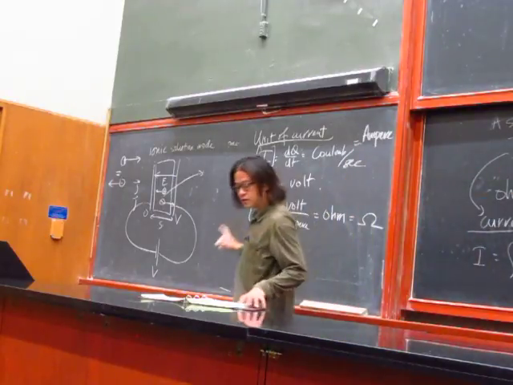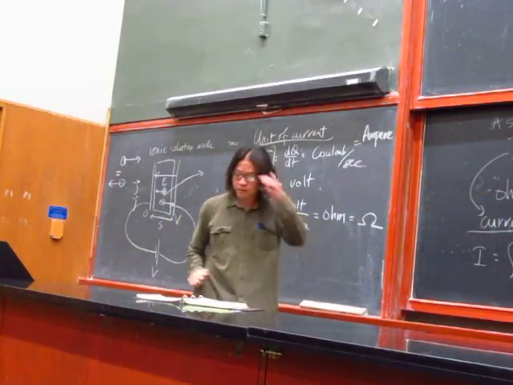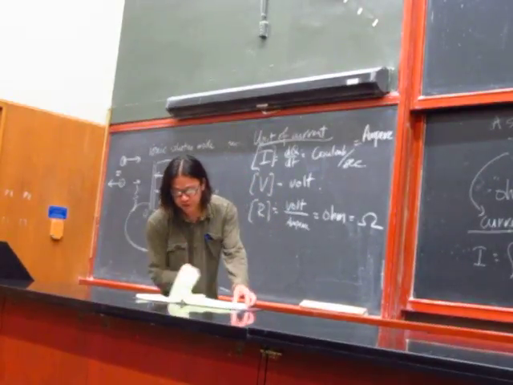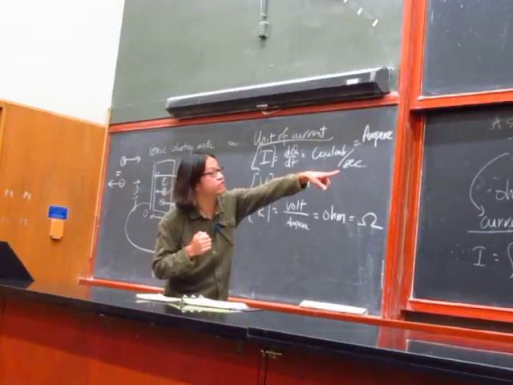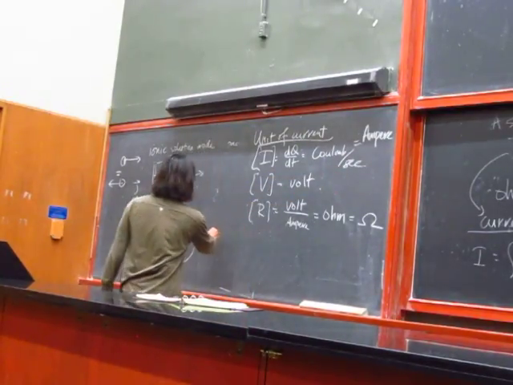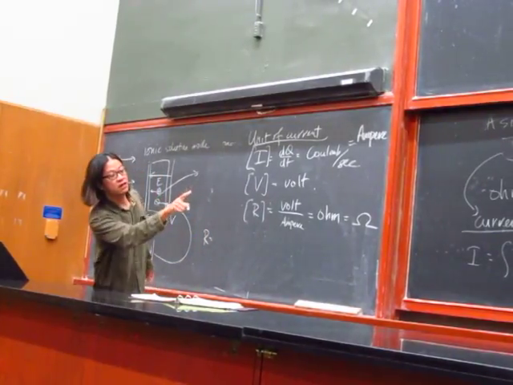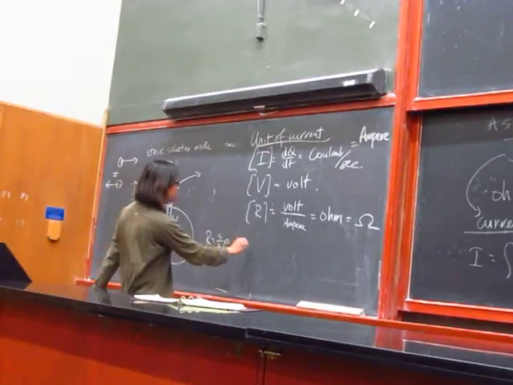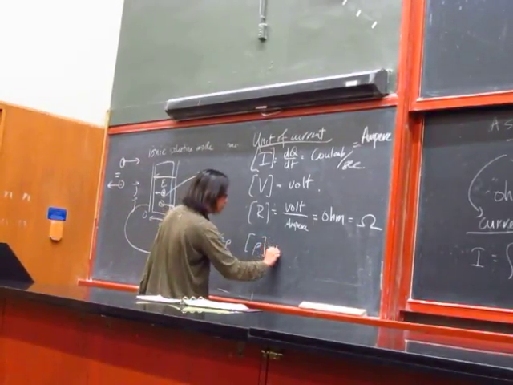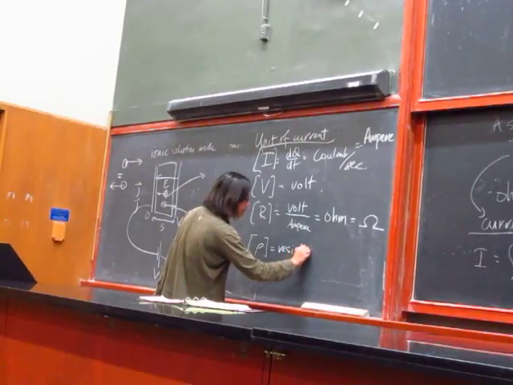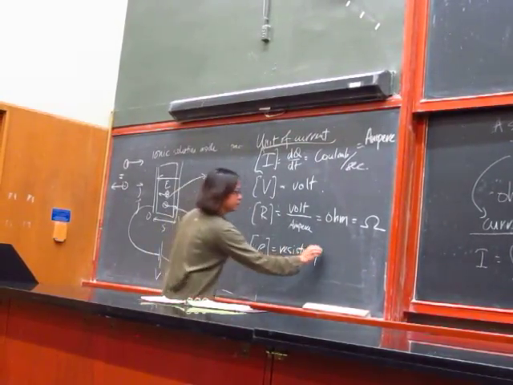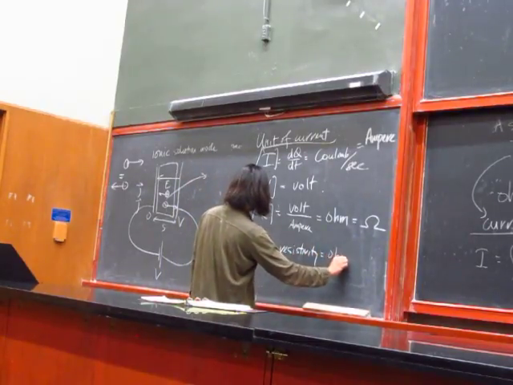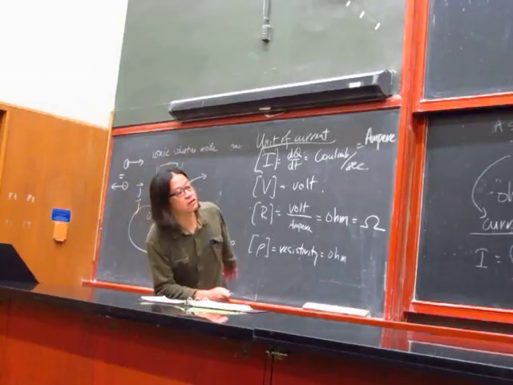And just to continue on the units, if you look at the definition of R, R is S over A times rho. Then the unit of rho, which is called resistivity, is ohm... Did I make a mistake?